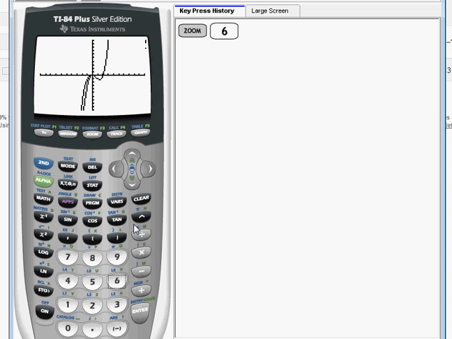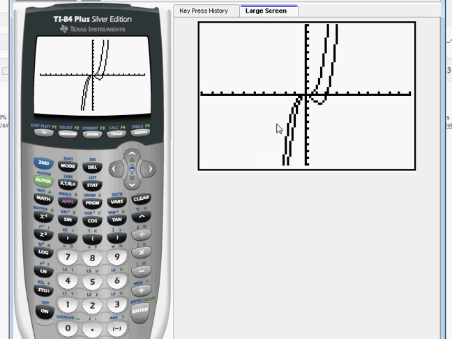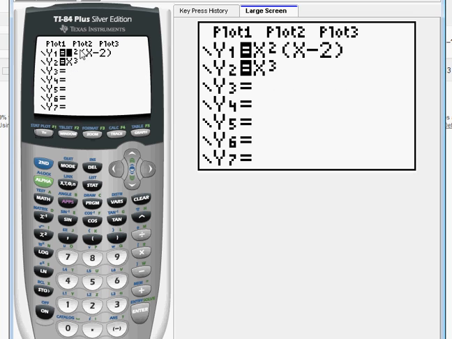Notice that these two functions look different. I'm going to make the screen a little bit bigger. Clearly these two functions are much different. But I'm not saying that they're the same for small values of x. I'm saying for very large values of x, or as x goes towards infinity, these two functions are going to look the same, or that x cubed is an end behavior model of y1, which is x squared times x minus 2.